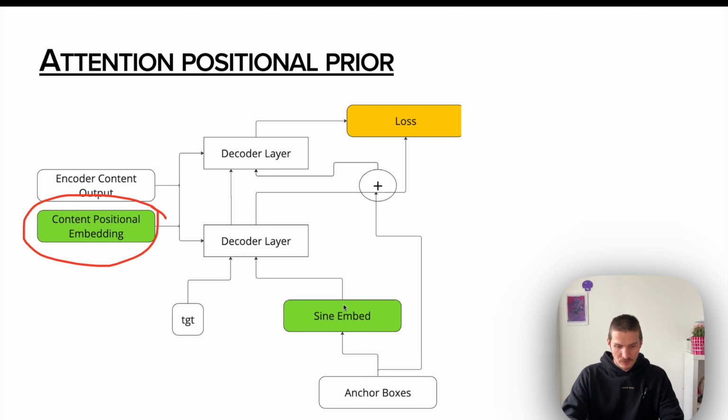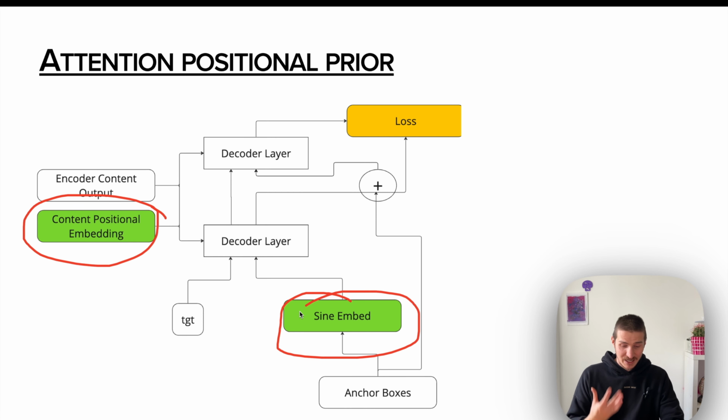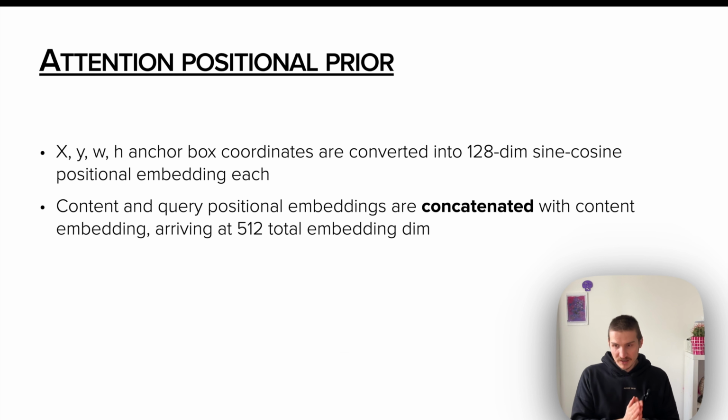Now we do the same for all 4 anchor box coordinates. One difference with DETR here is that instead of taking the content embedding, something from the actual picture, and the positional embedding, and computing the sum, getting a 256-dimensional embedding similar to the dimension of the content embedding, here, instead of summing it all up, we just concatenate them together.